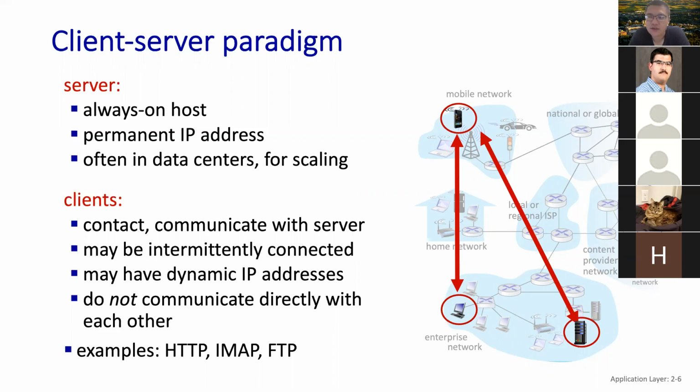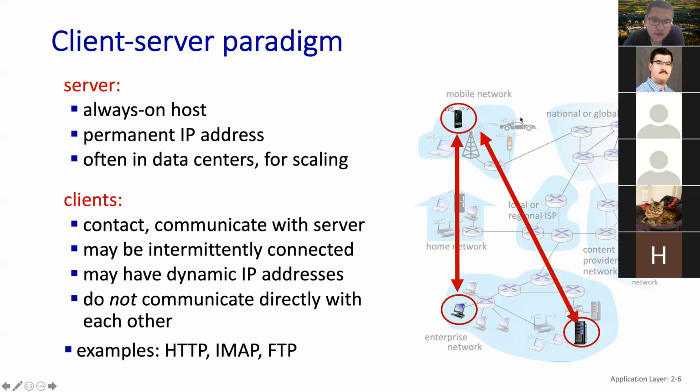No one tries to access you or send a request to you, right? You are the client, you send a request to the server, right? So you can be connected from time to time, and you can have a dynamic IP address, okay? They do not communicate directly with each other. So you can see here, we have the two end systems, right?